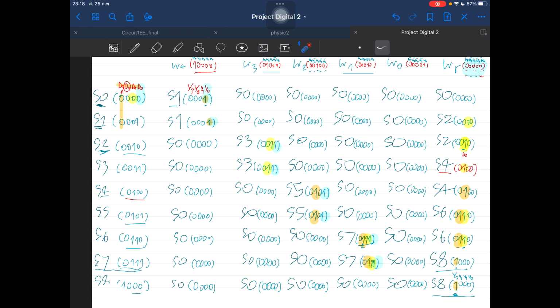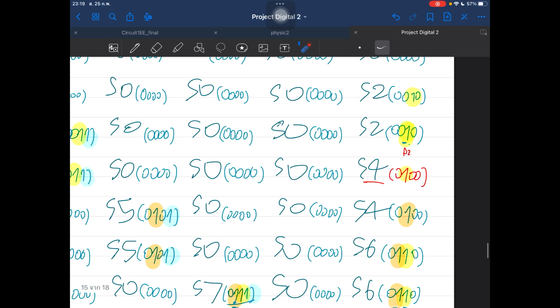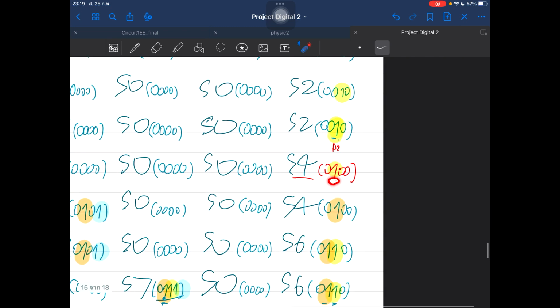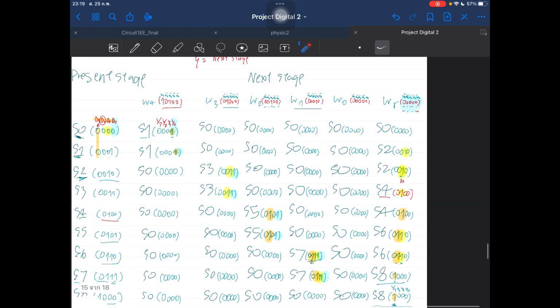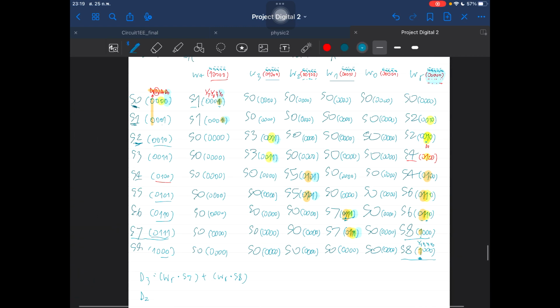Then go next. In state 3, D2 here. D2 here, D2, and D2. Then this is the one in the D2. First, write the name. Look at the upper name of input. Input name is WR.